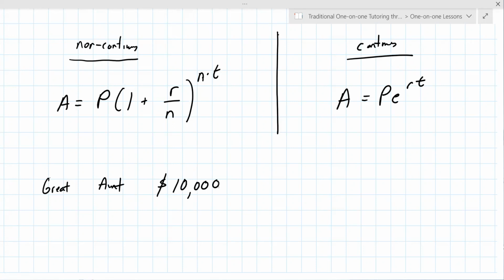So let's talk about why you might want to invest the money. This is a reasonable scenario, although I hope you don't have a great aunt that dies, because that's not very nice. Now, most investments range in their return, and this is where it gets very debatable.